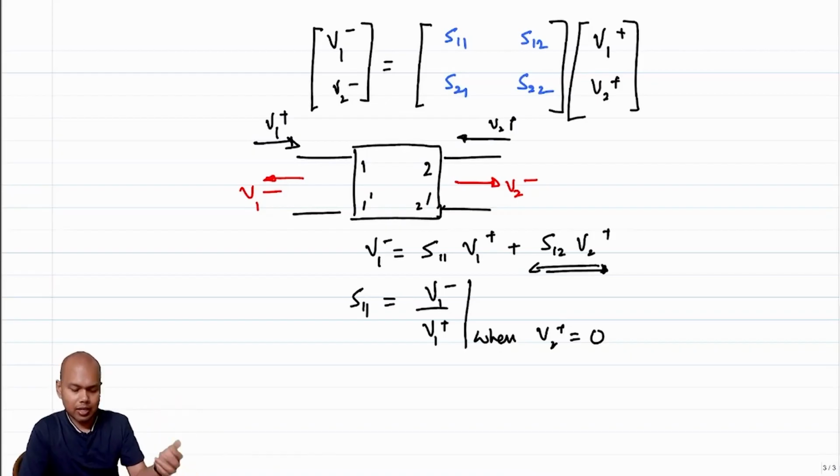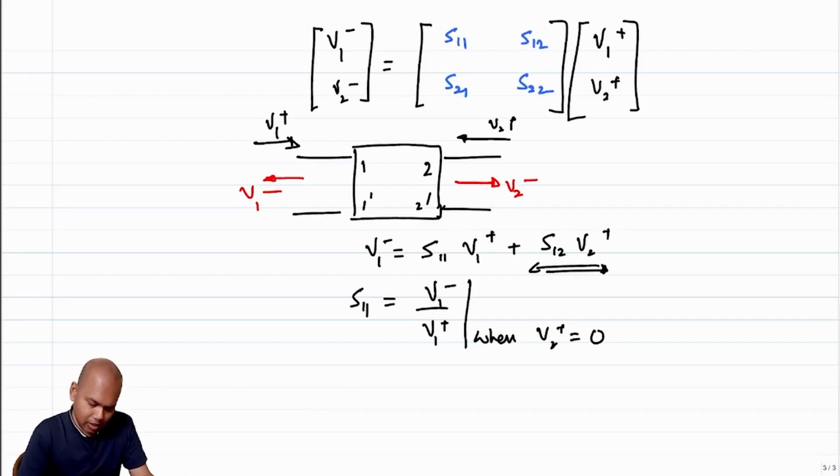This is similar to Z parameters, right. Z11 is input voltage by input current when the output current is 0. Similarly here, S11 is V1 minus by V1 plus when V2 plus is essentially 0.